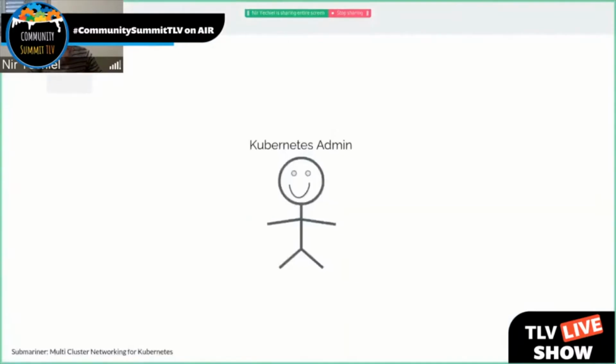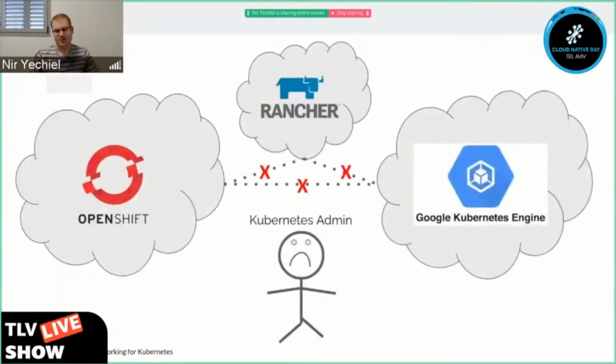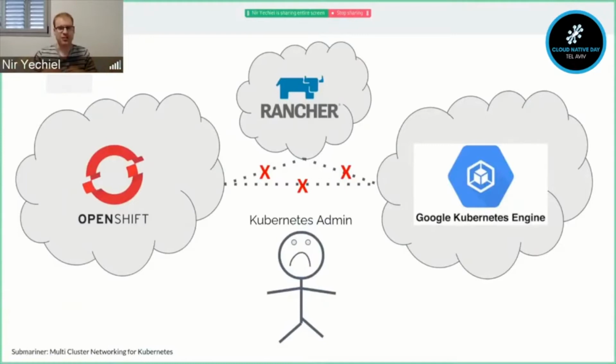So, we're here to talk about Kubernetes. Let's assume that you're the Kubernetes admin for your organization, and you really want to be happy and to make your developers happy. And you're presented with the following challenge. If you want to go multi-cloud or hybrid cloud and support different Kubernetes clusters across different environments, like public clouds or on-prem, bare metal, it really could be any form or shape of Kubernetes.